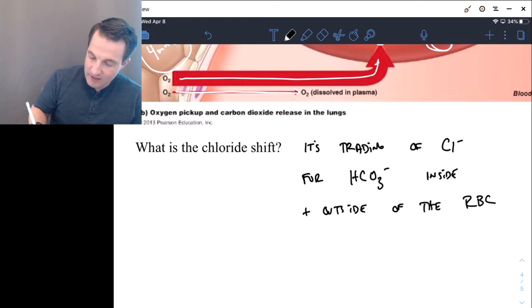And the difference is this can go in both directions.